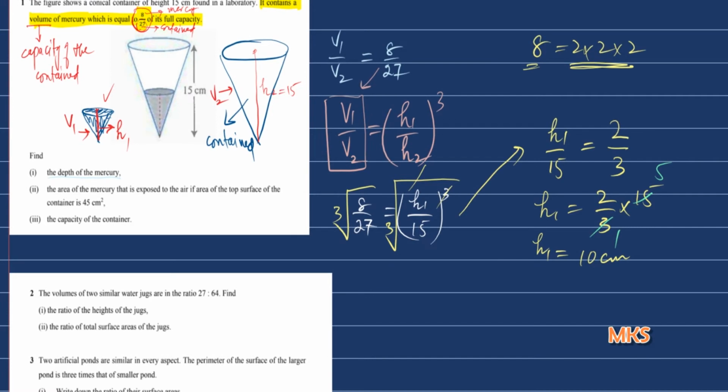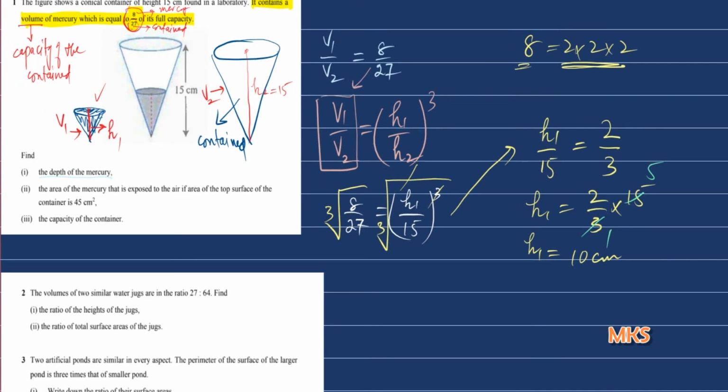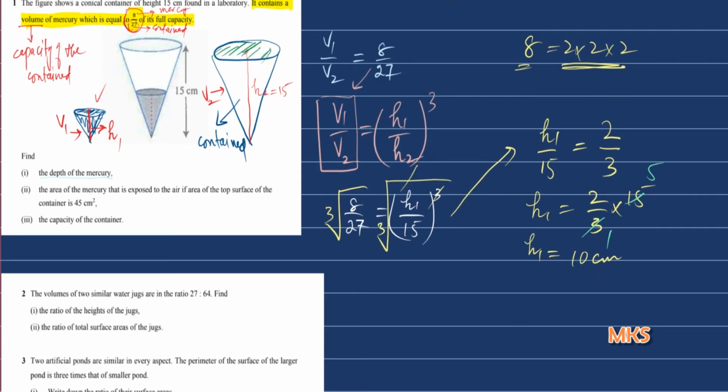The area of the mercury that is exposed to the air, that we have to find. The area of the top of the surface, now area of the top of the surface means this area, so I will call it A2, because we are taking A2, and we need to find this area of the mercury, which is A1.